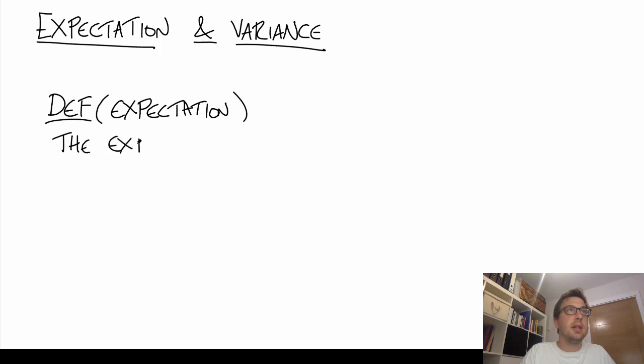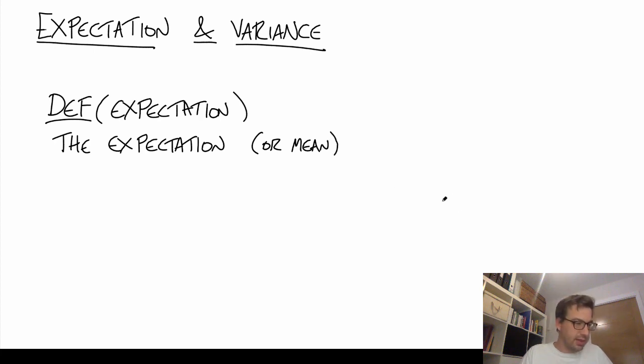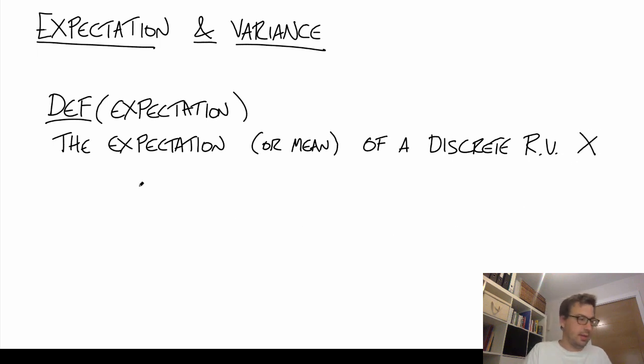The expectation, or mean as it's sometimes called (really we can say mean a bit more when we've got data associated with it), of a discrete random variable X is denoted by E[X].